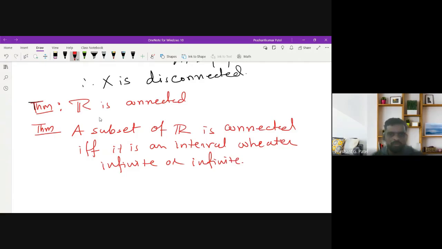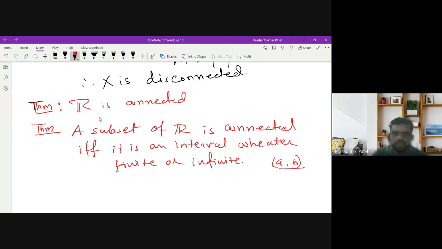Finite interval means, if I can write (a, b), then a is finite and b is finite. That is meant by a finite interval. And if any of them is infinite, then it is an infinite interval.